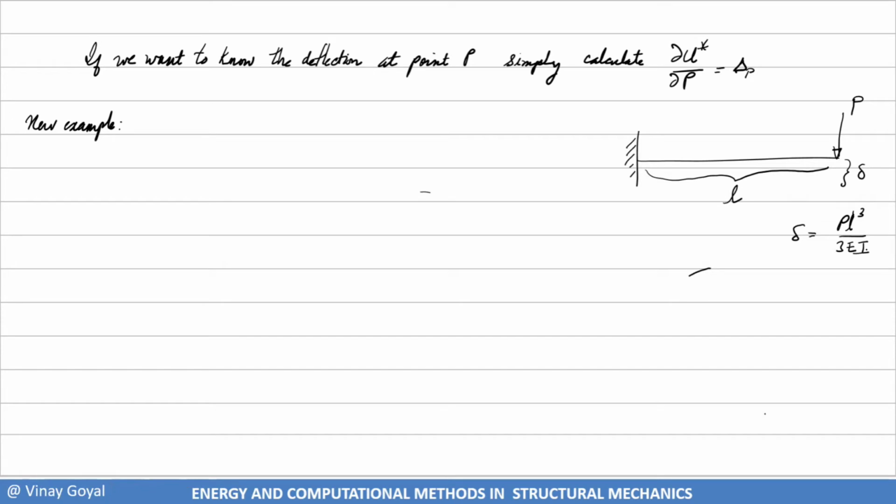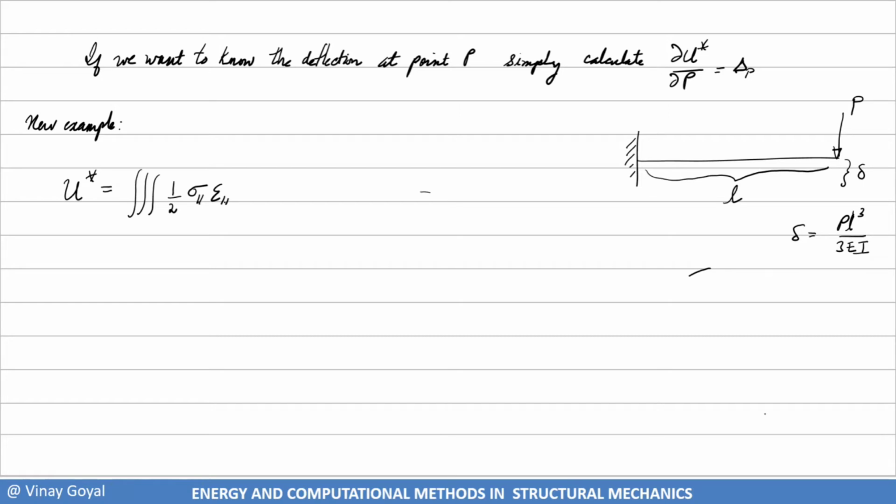Let's derive that now. I'll start again with U star, and I want to have the triple integral there, 1/2 sigma 1, epsilon 1. It's a beam now, so I have to use Euler-Bernoulli beam theory. I could use Timoshenko, but I'll use Euler-Bernoulli beam theory for now.